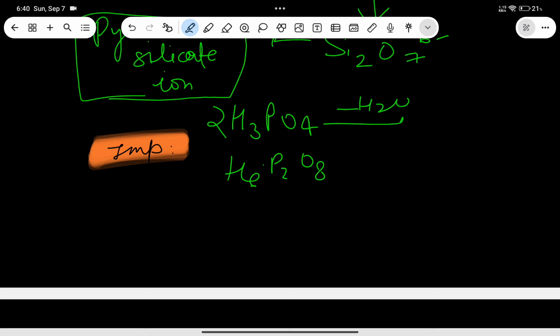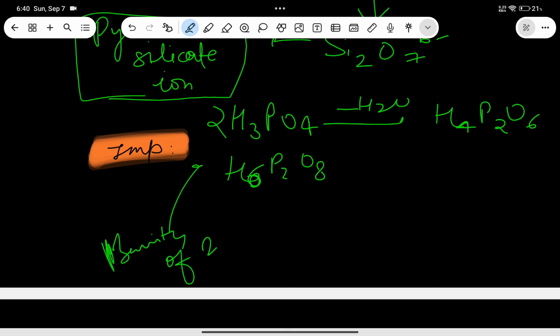H6P2O8, then it will be H4P2O7. It has the basicity of 4 minus 1, which becomes 3.